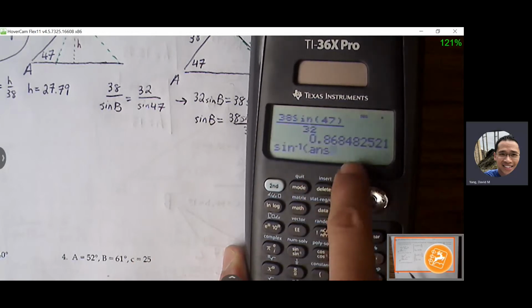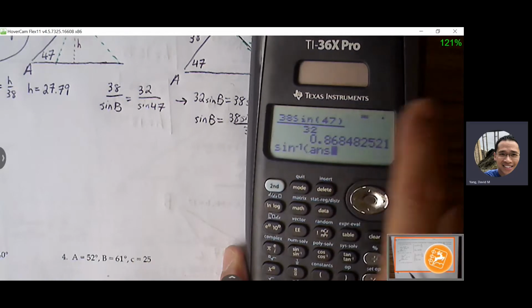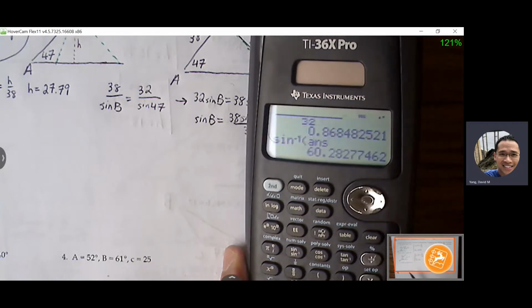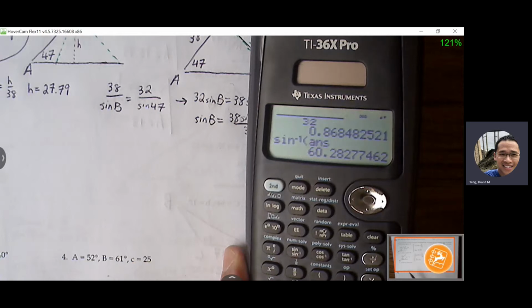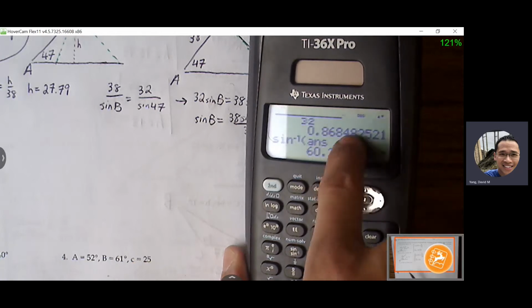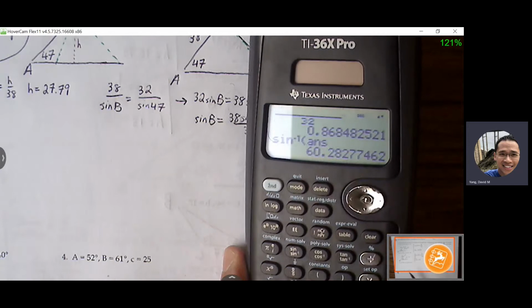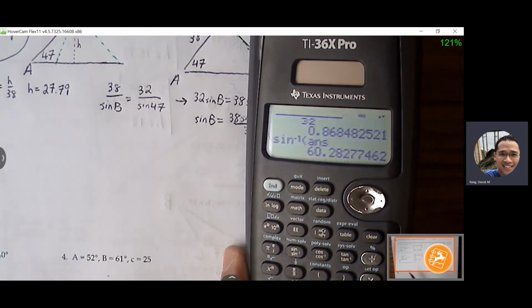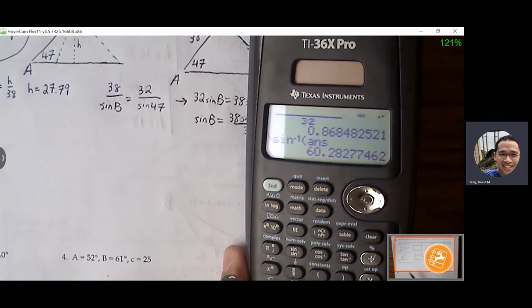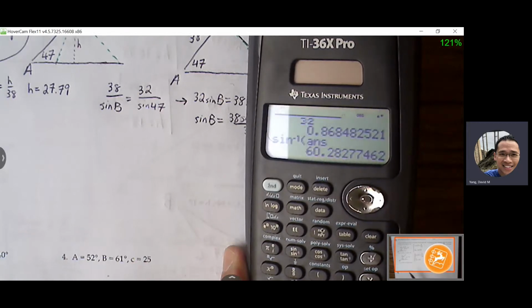It does make a difference going out to the 4th and 5th decimal place, especially at our intermediate stage. So 60.283. That's how we can gain accuracy, if we use second sine, or inverse sine, of the answer so that we have all that intermediate decimal value inserted in. 60.283, yes.